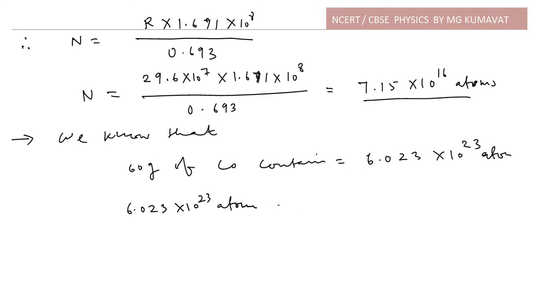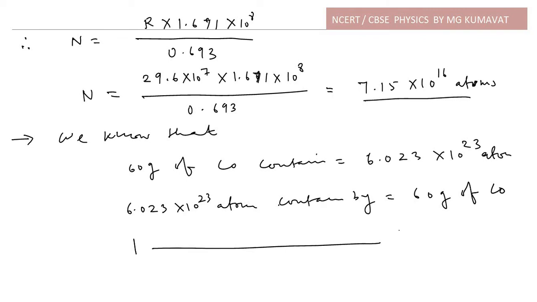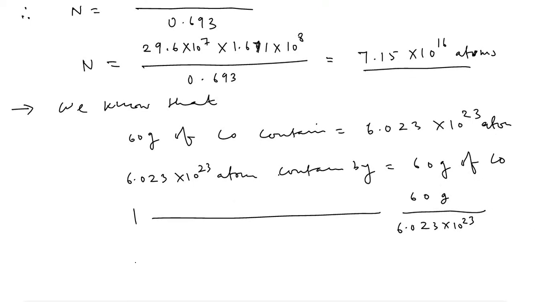Understood? So we can write this because the number of atoms is given. So 6.023 multiplied by 10 to the power 23 atoms are contained by 60 gram of cobalt.